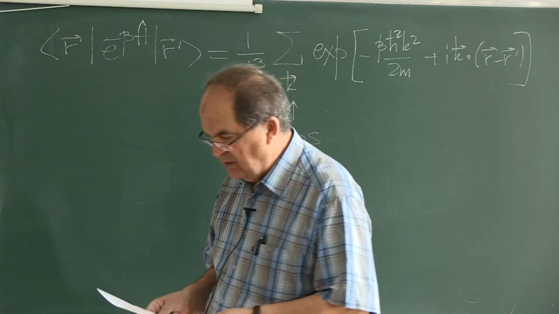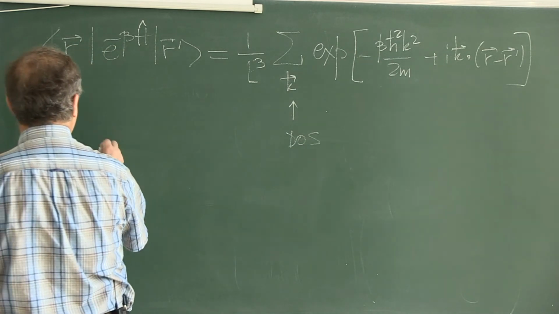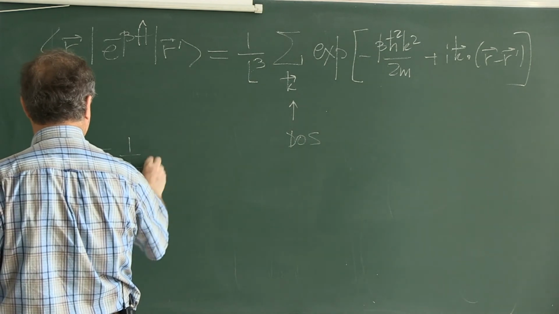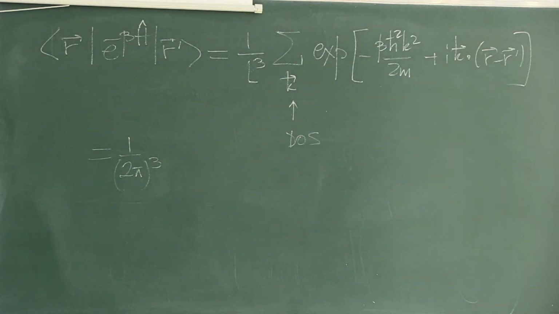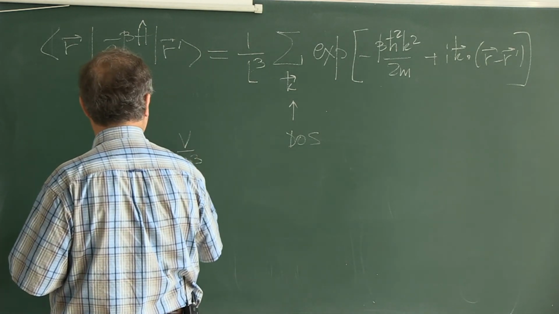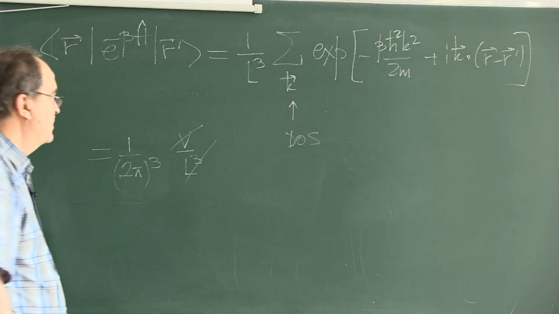What was density of states in this case? Do you remember? V over 2 pi cubed. So it is V over L cubed. They will cancel. They are the same thing.